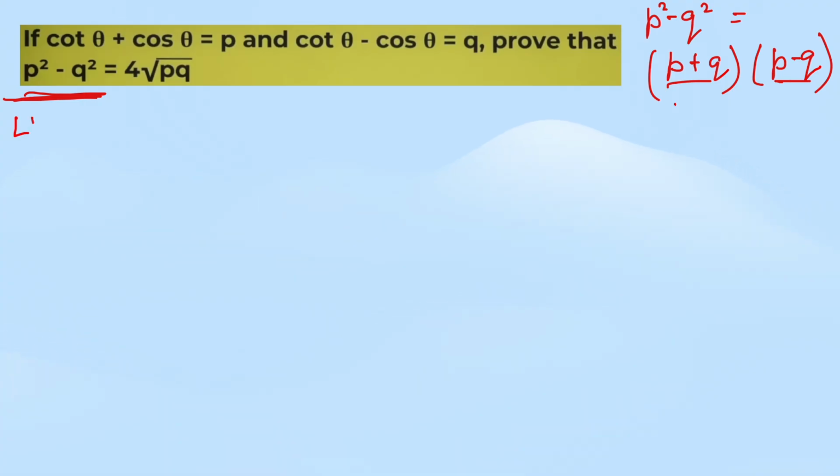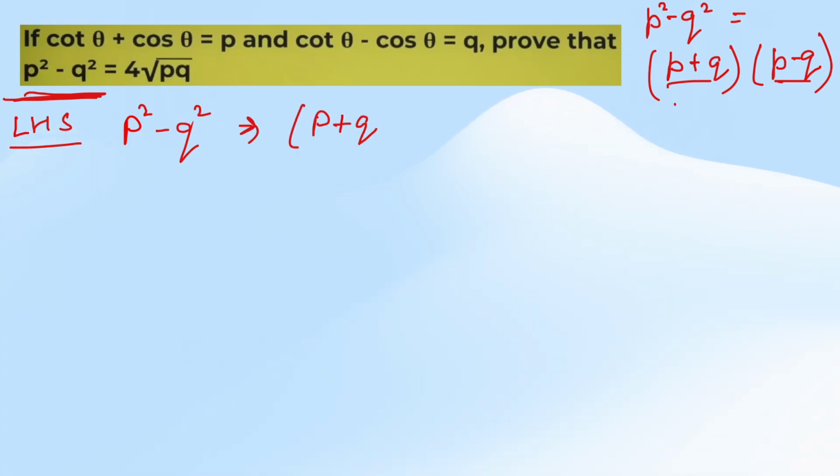If I take the LHS, it is p square minus q square. Alright, this can be written as (p plus q) into (p minus q). Now what is p plus q here?